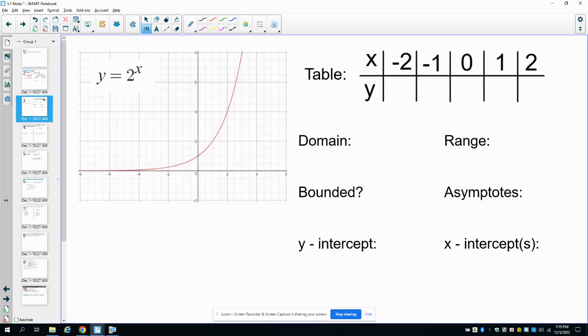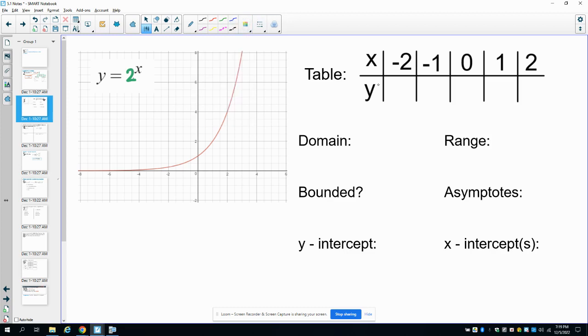So let's take a look at the exponential function y equals 2 to the x power. So we see that we have the base here of 2, and then here's the graph of that. And so let's fill out the table. So we're just going to fill in 2 to these different powers.